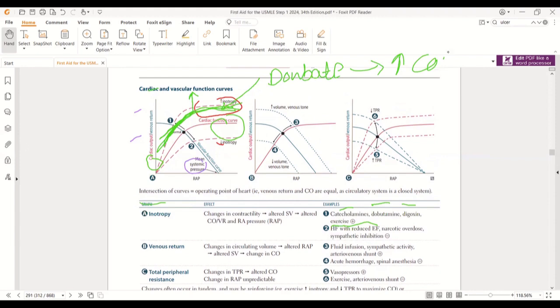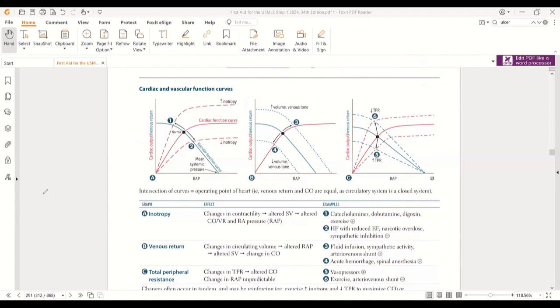Yes. So this contractility that is present here will increase, right? Yes.